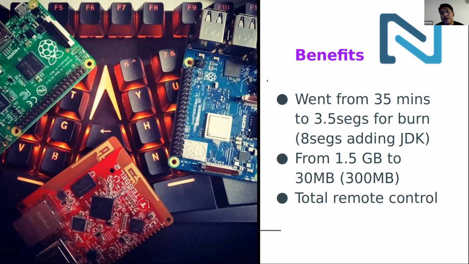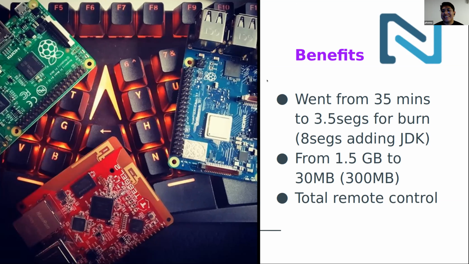And now that we are adding some security through AWS IoT Core, we need JDK to manage all the certificates. We just increased like 5 seconds. So we need 8 seconds to burn every SD card when we need to deploy a new device. We went from 1.5 gigabytes to 30 megabytes.